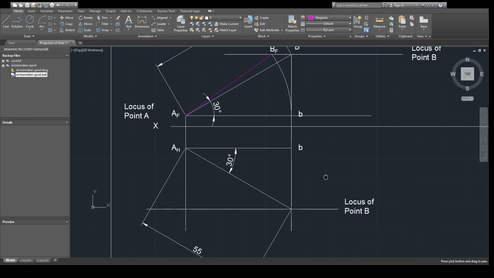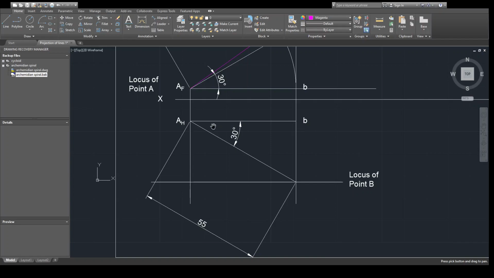Okay, now similarly we know the top view length, that is AH small b. We will rotate this line up to the locus of point B and we will get point BH. So AHBH is nothing but the top view. Yes, let us rotate it. Arc, start, center, end. So this is my starting point and this is my center point.